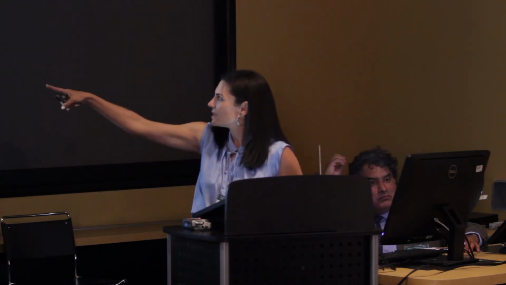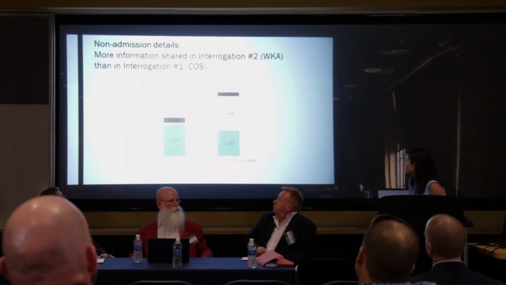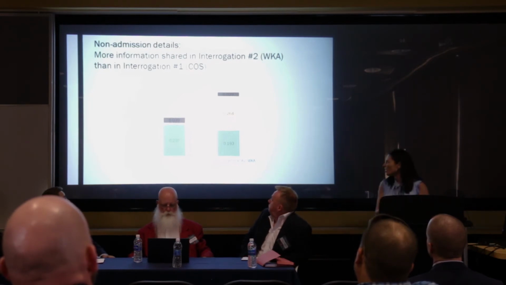And we found that this in yellow, this one interrogation strategy in particular, this was for non-admission details. We saw in condition number 2, that was the approach, an Army Field Manual approach, we know all, was very effective in getting admission details and getting non-admission details as well.